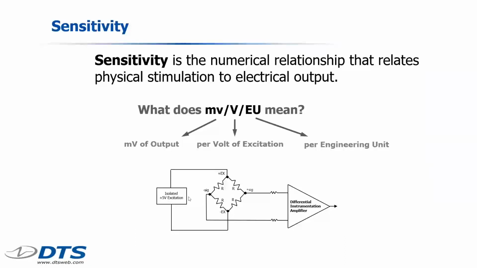So it's a very simple concept. We have an excitation source, big voltage to a bridge or a sensor of any type. And when we apply a known physical stimulus to the sensor, it will then put out a signal, and we represent its output as millivolts per volt per engineering unit.